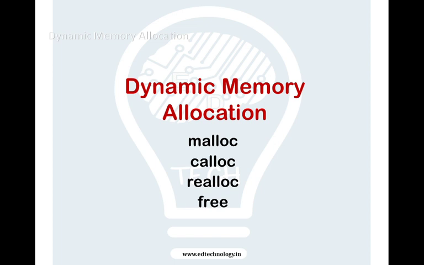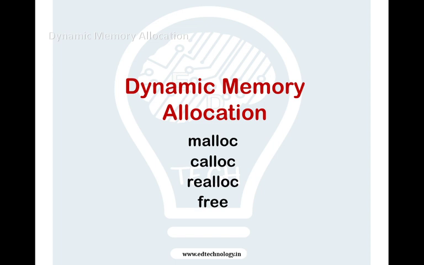It is in continuous order, and second, it is initialized with the value 0. Alright, so that is calloc. Realloc is when you have freed up the memory and you want the reallocation. So realloc is the method in C to dynamically change the memory allocation of previously allocated memory.